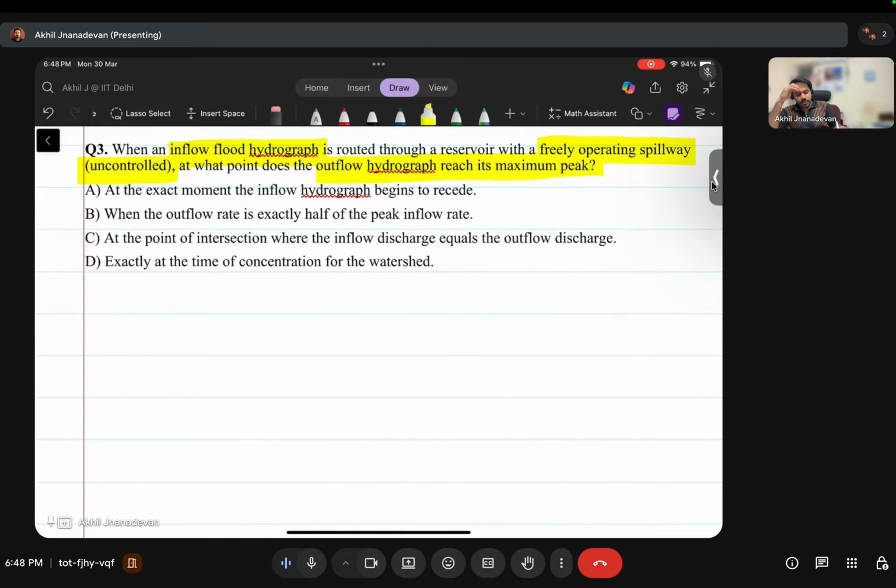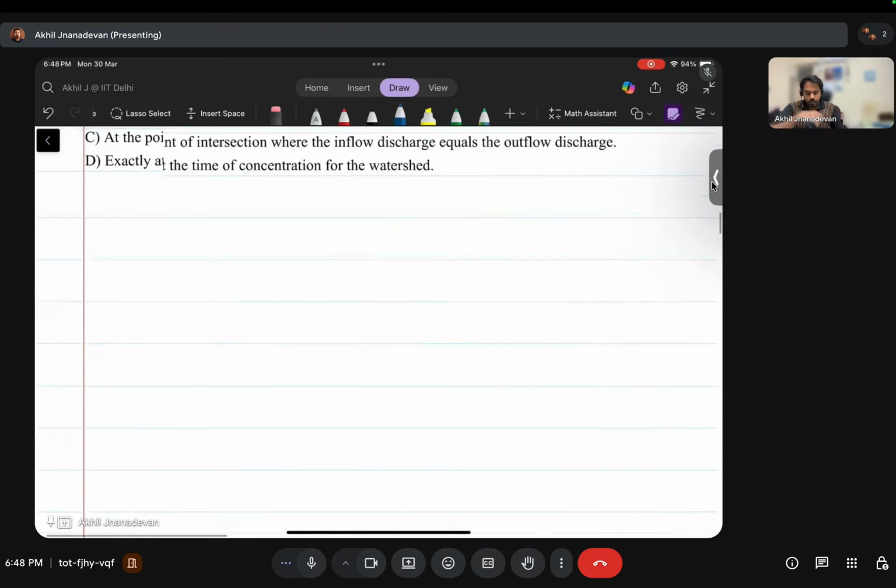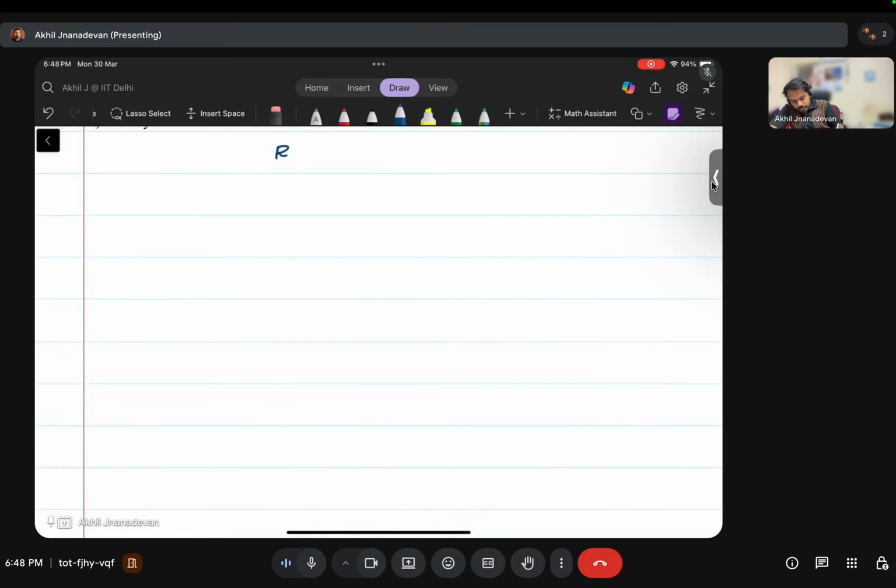So here we need to understand something related to reservoir routing. Basically, when a flood wave travels through a reservoir, two things happen.